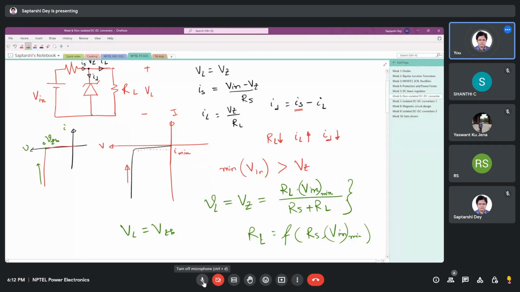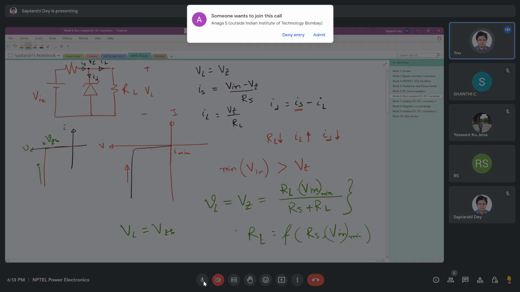Now if you reduce the load, meaning you increase the value of RL, then by voltage division law, VL tends to increase, so the Zener comes into action and clips the voltage. That is how it works, so I think that is what they are trying to say.